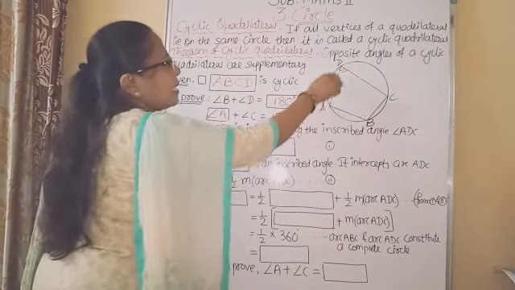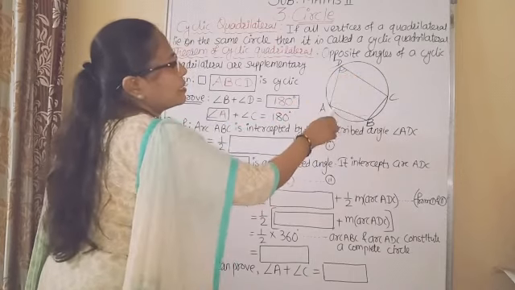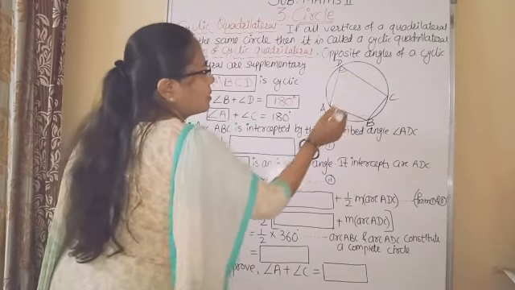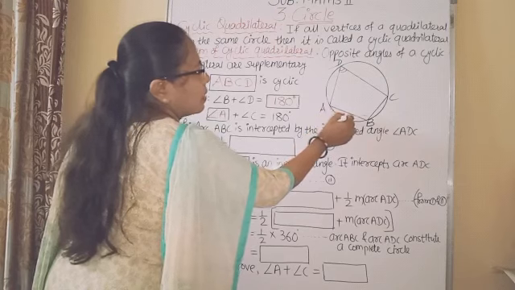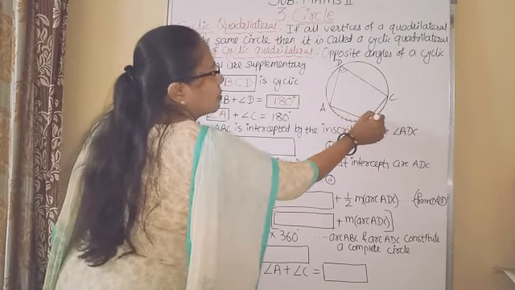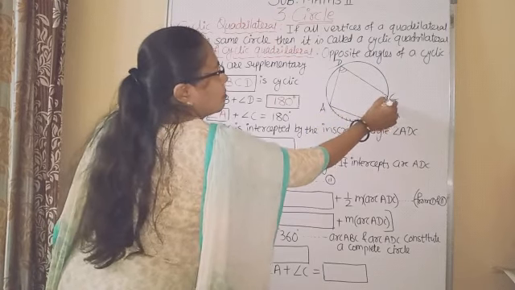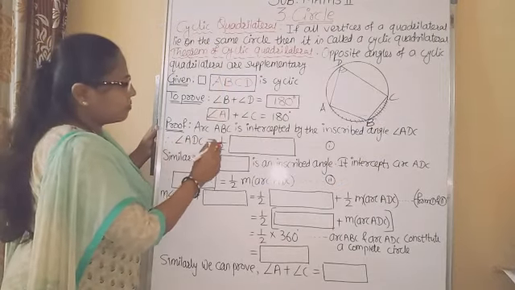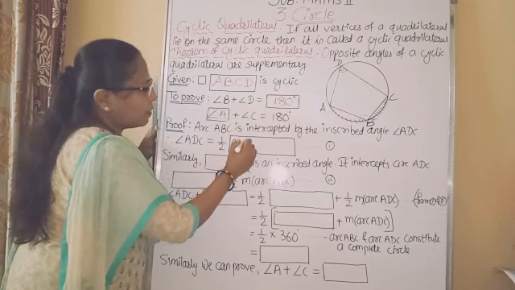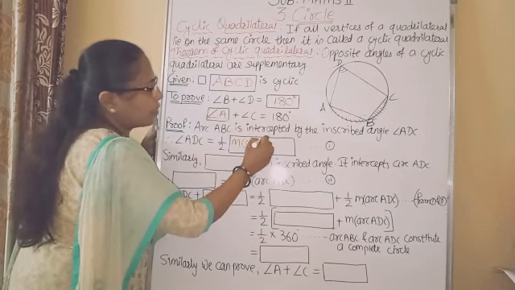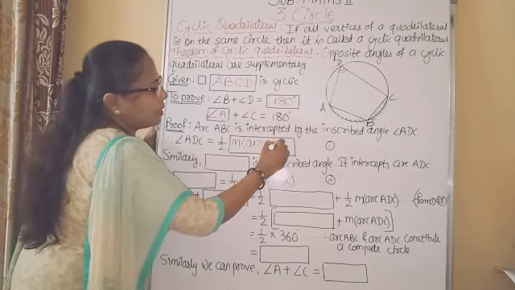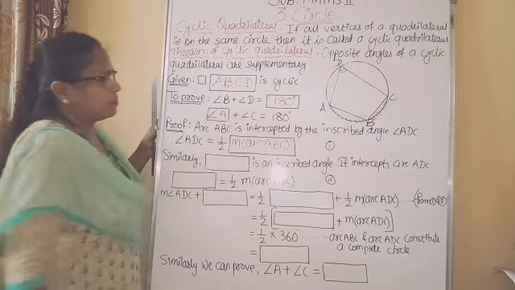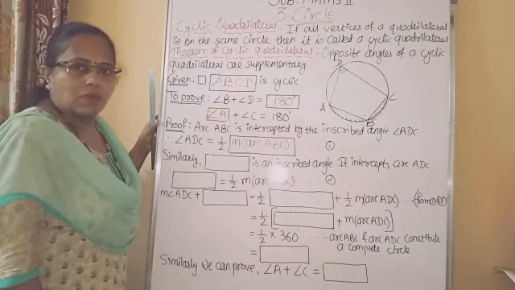So angle ADC intercepts arc ABC. Now see this arc ABC. So here we will write angle ADC is equal to half the measure of arc ABC.